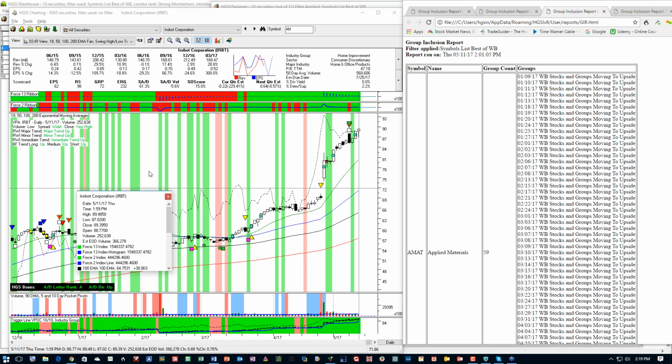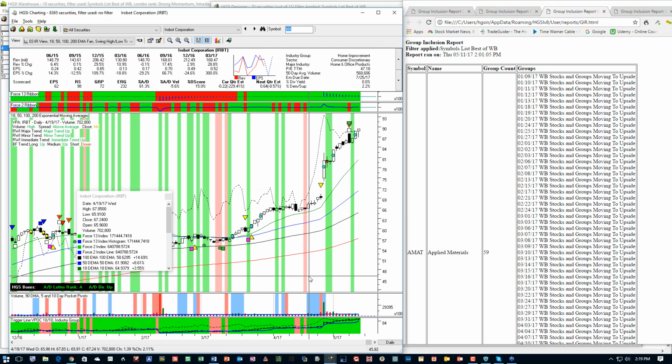show up even if they don't show up in these lists. Because if you screen, and in my filters, you can screen on the trigger line for the VPOC. You can screen on pocket pivots. You can screen on force indexes, which I really don't do much anymore.